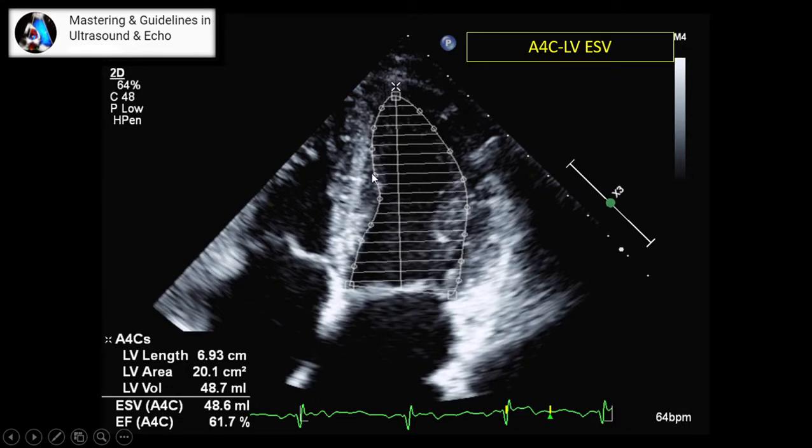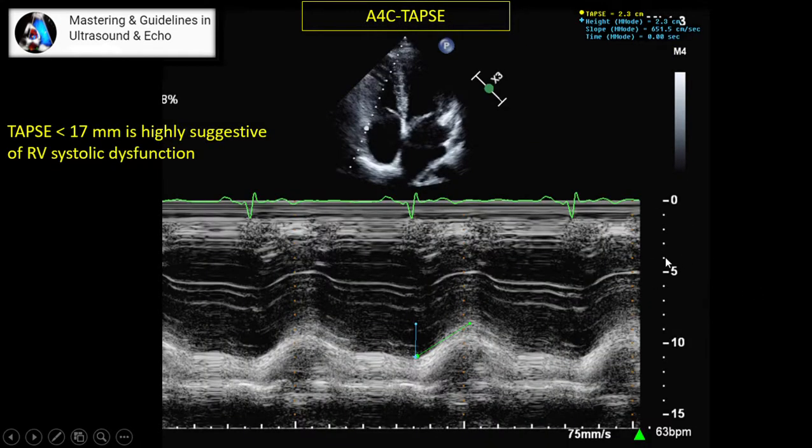The correct way of tracing the endocardium I present in another lecture. Please check that out in detail.